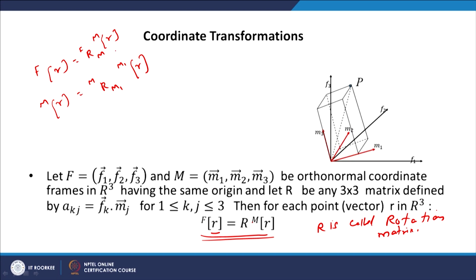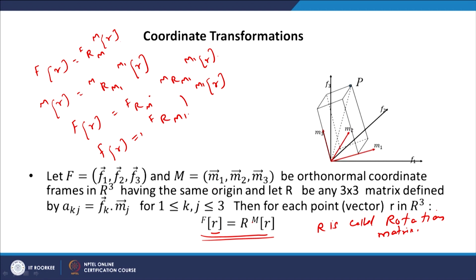Now, if we substitute this R M, the coordinate of the vector R with respect to the F frame is F R M, and M R is written as M R M1 into M1 R. So, R with respect to F and R with respect to M1 are related by F R M1, which is nothing but F R M multiplied by M R M1.